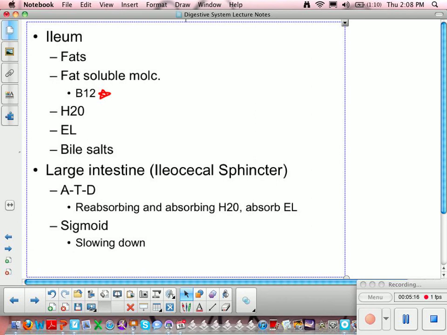The passageway between the small intestine and the large intestine is called the ileocecal sphincter. So this sphincter separates the large intestine from the small intestine.